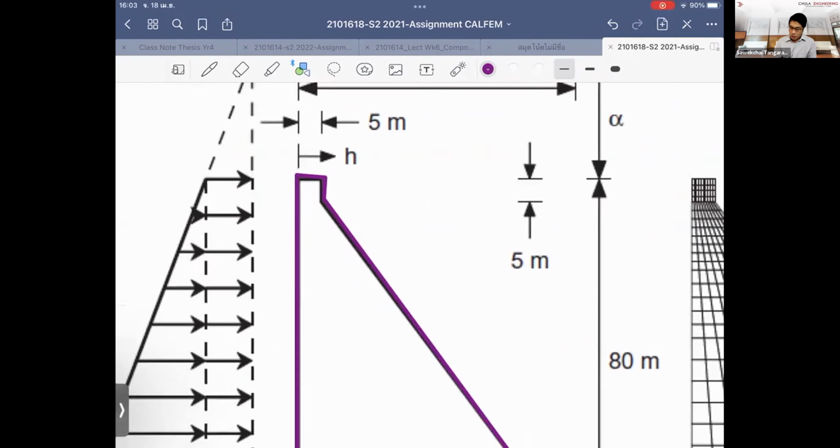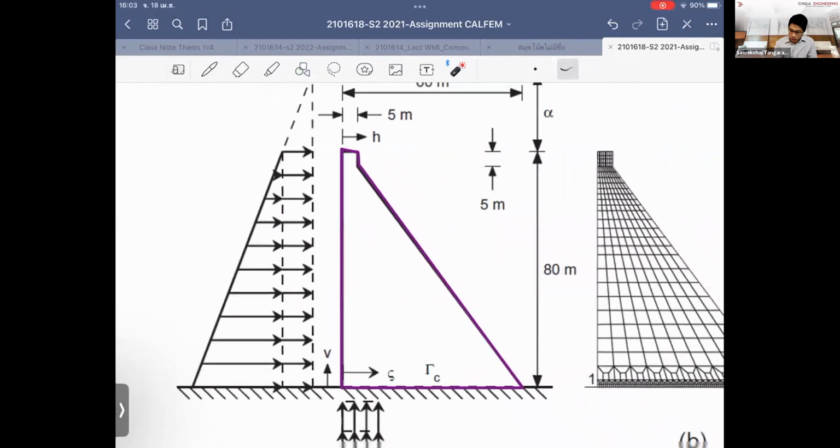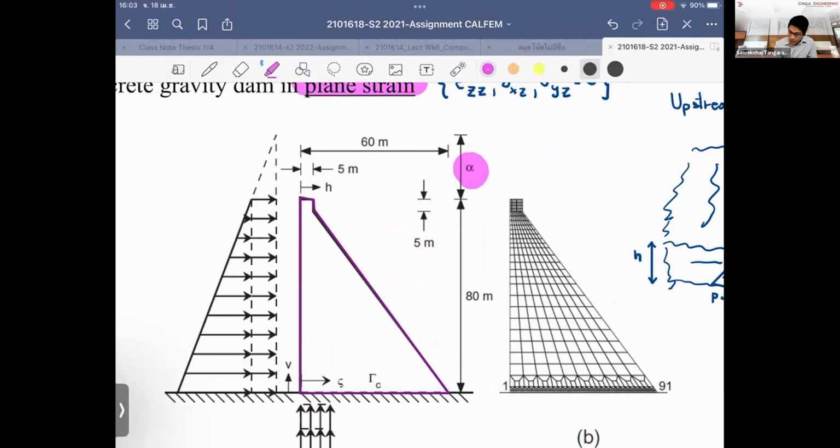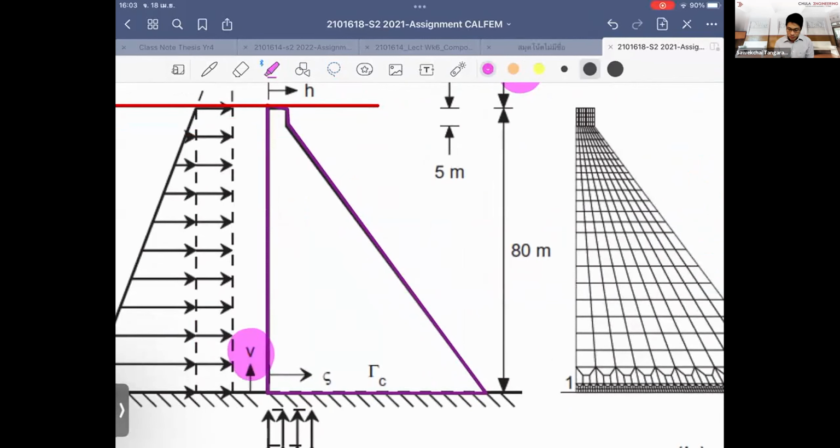Okay. So what we do, we call this part the crest, C-R-E-S-T, which is at the top of the dam. What the question asks is this: if I try to overload the dam, so I keep raising the water level above the crest point, which is the top level of the dam, I'd like to see how much stress and how much deformation is going to be developed in the dam.